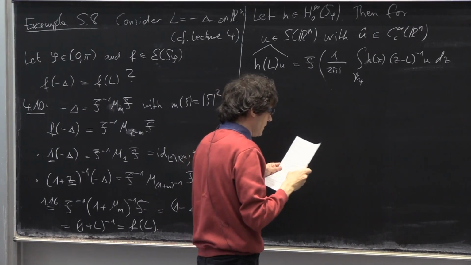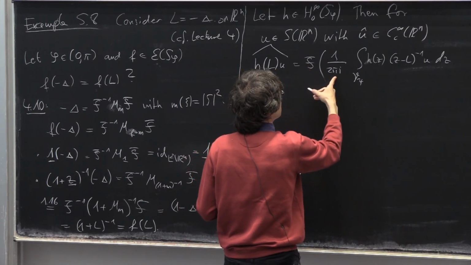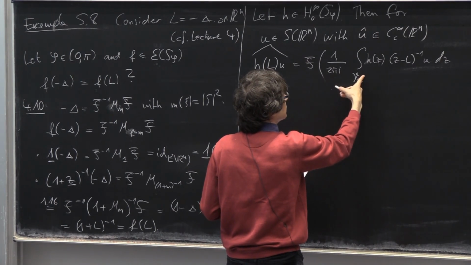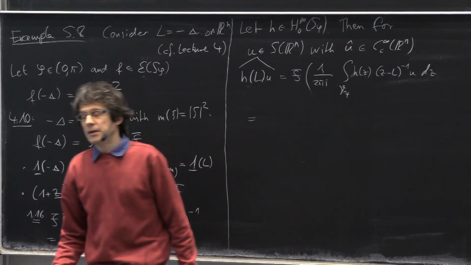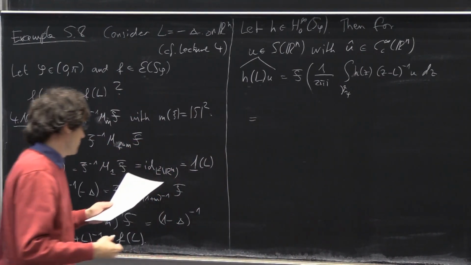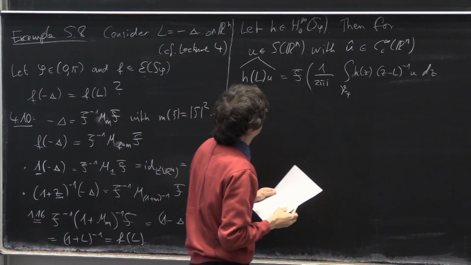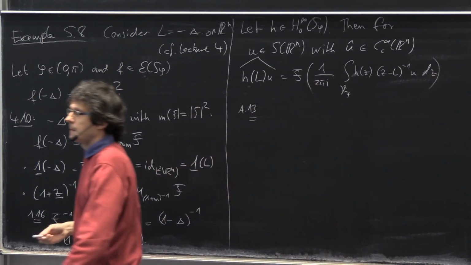Okay, then, so the Fourier transform is linear and it's a bounded linear operator on L2. This is now an integral in L2. We have an argument here. And by what is in the appendix on the Bochner integral, you can pull in bounded operators.